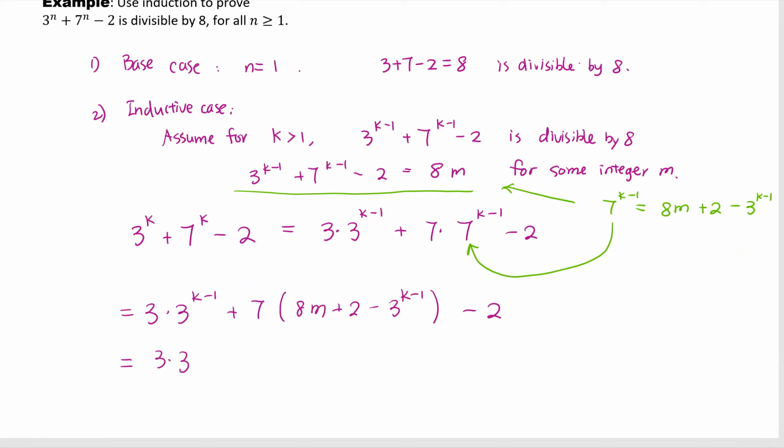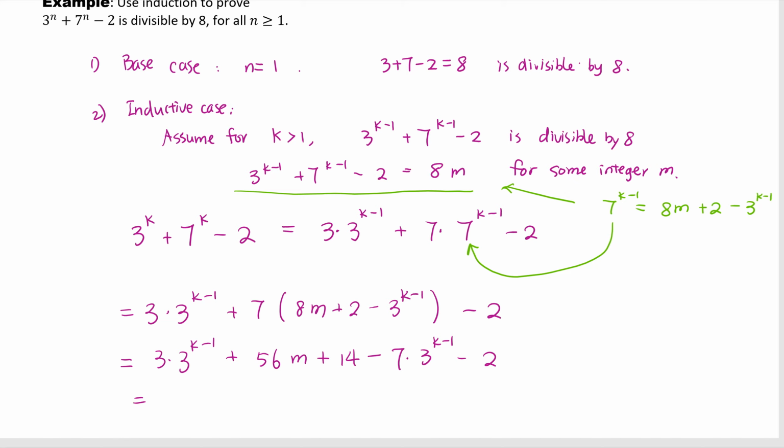So this is 3 times 3 to the k minus 1. Let's multiply out. 7 times 8, that is 56. 7 times 2, 14. And then we have 7 times 3 to the k minus 1, minus 2. Okay, combine the like terms. So what do we have?